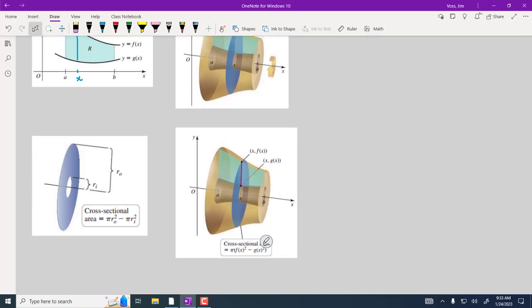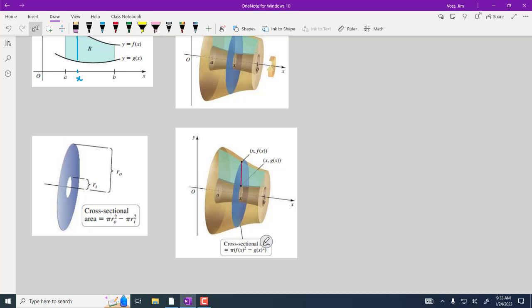Looks like that. And the area of a washer is basically a big disk minus a little disk. So it's a generalization of the disk method. So the area of that washer is the big area minus the little area. That gives us the blue area. Make sense?